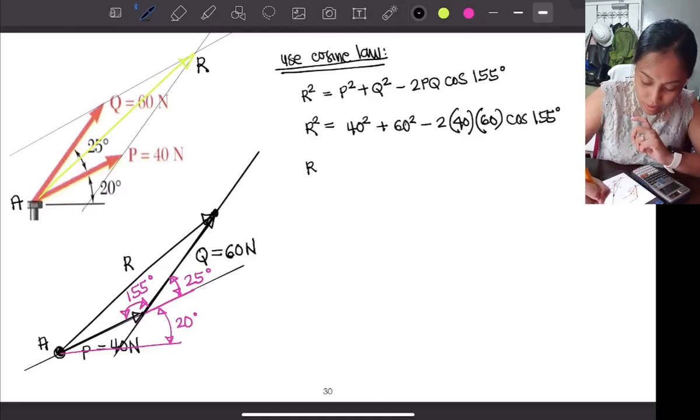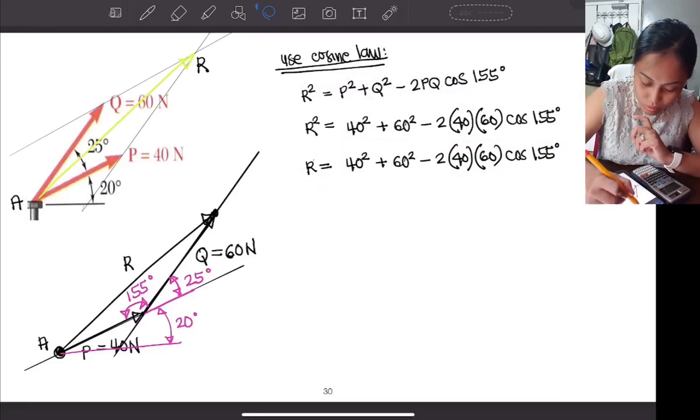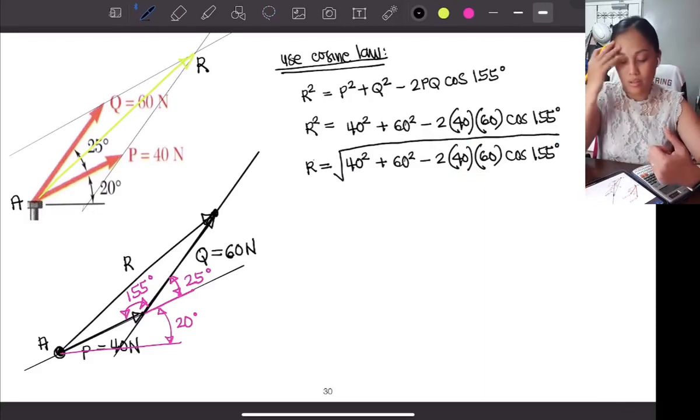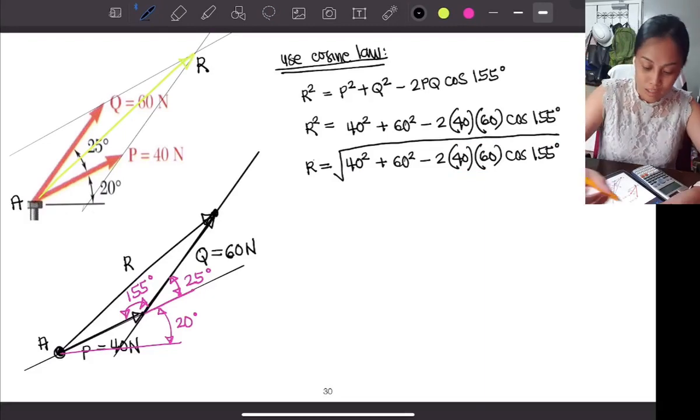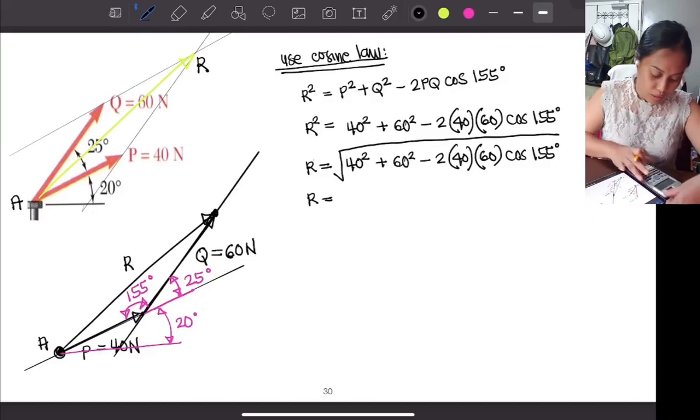Then R is equal to the square root of this value. So now we have the value of R. Use your calculator to compute R: the square root of 40 squared plus 60 squared minus 2 times 40 times 60 cosine 155.